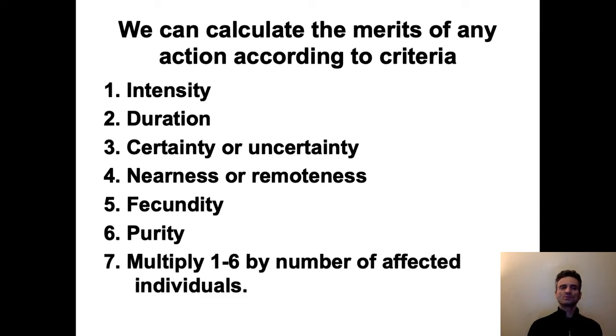Then what do we do? Once we take into consideration all these criteria, we assign a number. Then we multiply criteria 1 through 6 by the number of the affected individuals, because we have to take into consideration how many individuals will be affected by my actions.